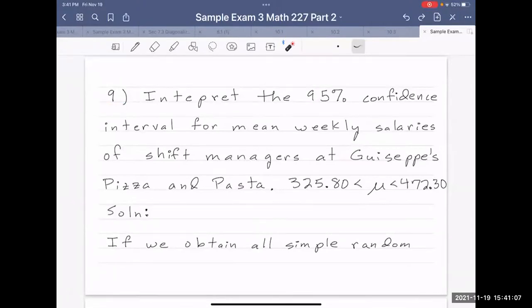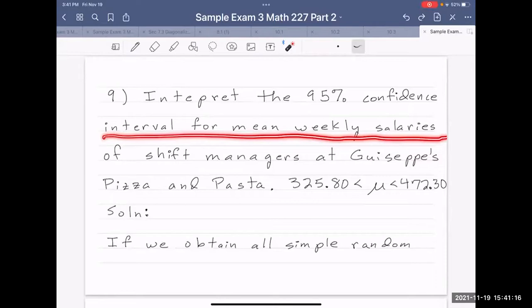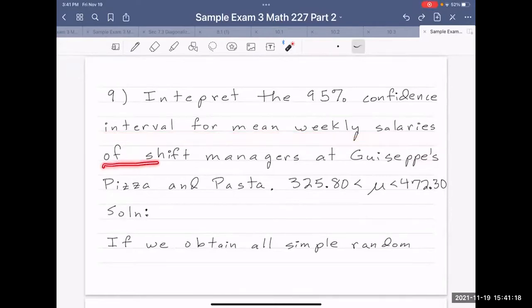Number 9. Interpret the 95% confidence interval for mean weekly salaries of shift managers at Giuseppe's Pizza and Pasta. Mu is between 325.80 and 472.30.